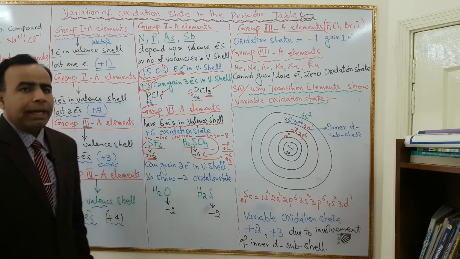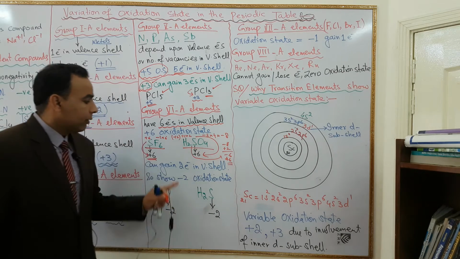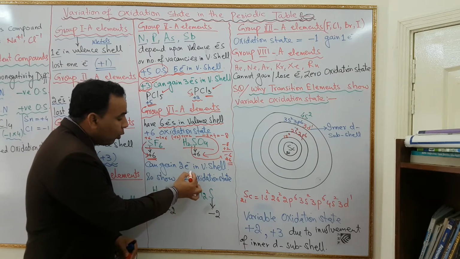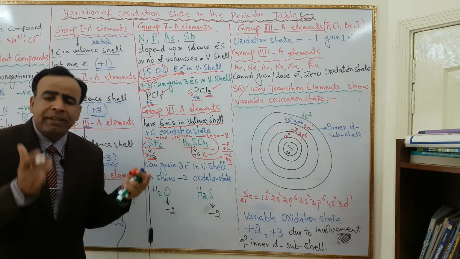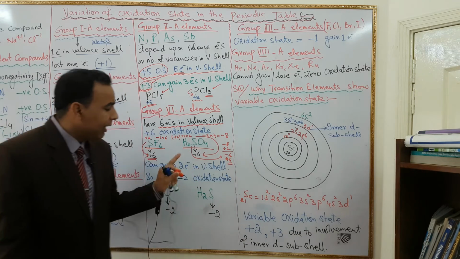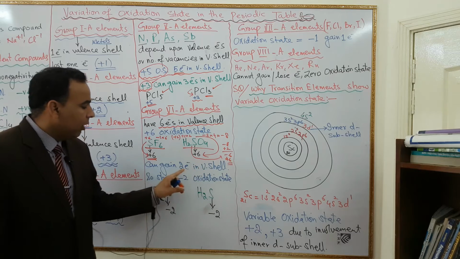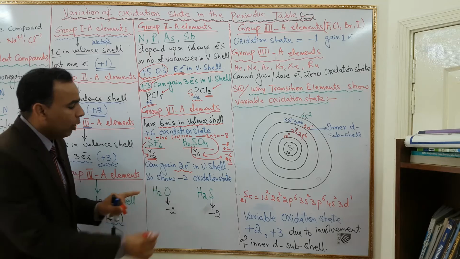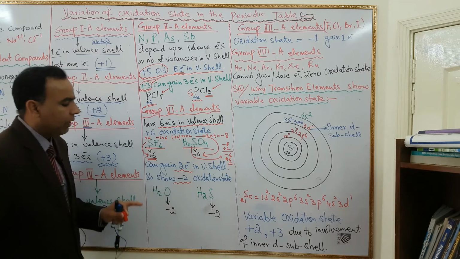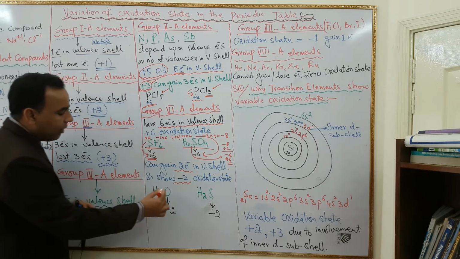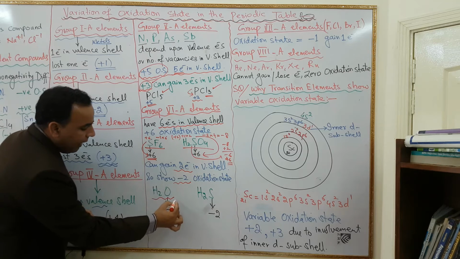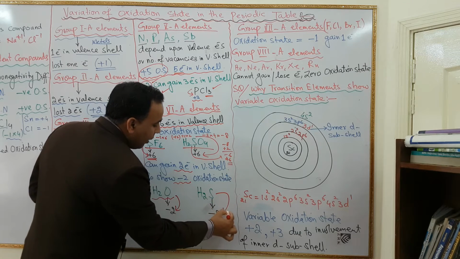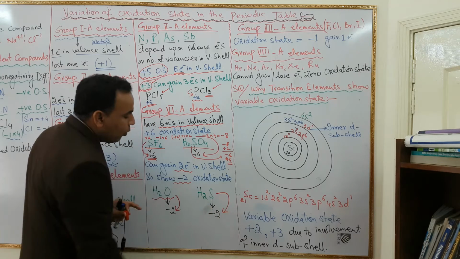My dear students, as there are 6 electrons in their valence shell, it has 2 vacant spaces available in the valence shell, so it can gain 2 electrons, so they show -2 oxidation state as well. That is, in the case of water, oxygen has -2 oxidation state, and in case of H2S, sulfur has -2 oxidation state.